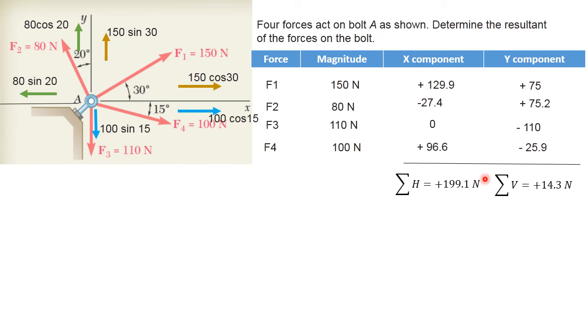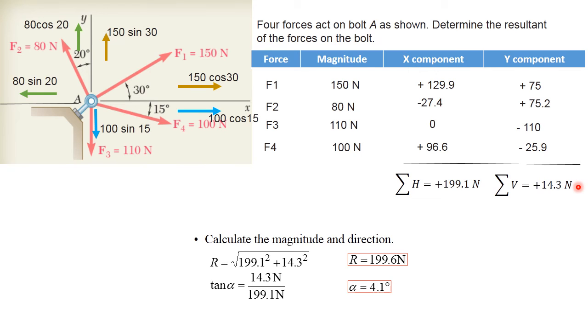I am getting plus 199.1 Newton for the horizontal, and all the vertical force will be plus 14.3 Newton. Now as I have the net force acting along the horizontal direction and the net force along the vertical direction, I can find out the resultant and its inclination with the horizontal axis. You are acquainted with this. So in this manner we learned how to calculate the resultant when a number of forces are acting.